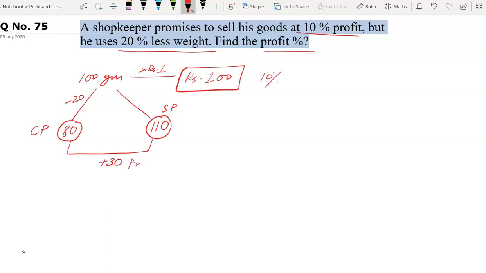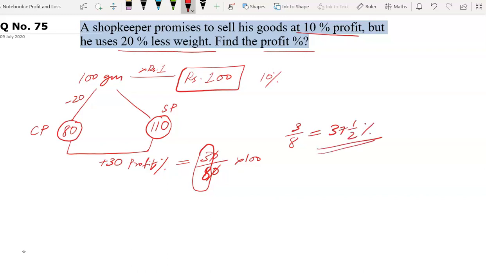So this is his profit. And if we need to find the profit percent, we know it's profit upon CP, which is 30 upon 80. So 3 by 8. 3 by 8 in percentage it's 37 1 by 2%. And this is the profit, and this is our answer.